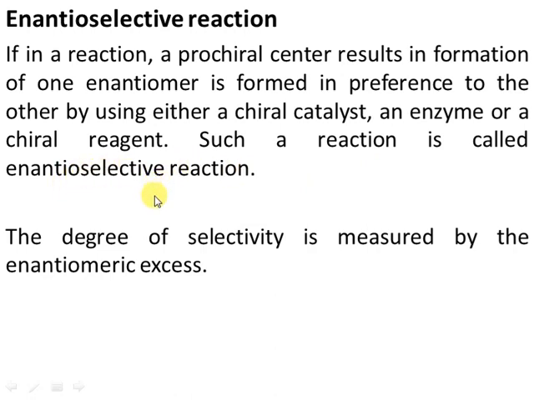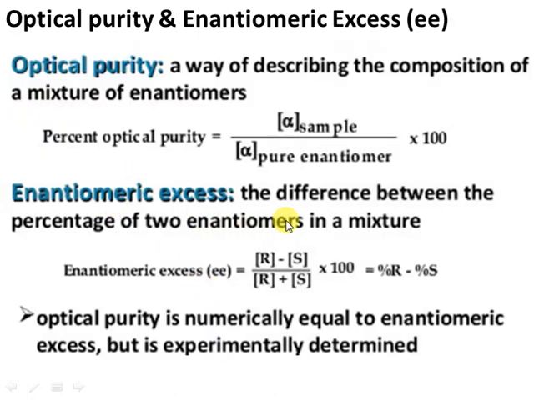Whenever you have an enantioselective reaction, the selectivity is determined by enantiomeric excess. Enantiomeric excess tells you which isomer is formed in preference, whether it's the R isomer which is dominating or the S isomer which is dominating.